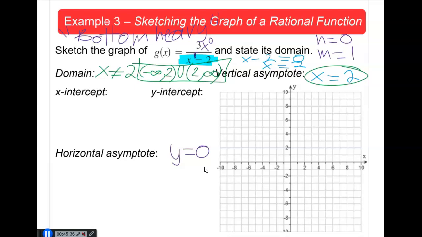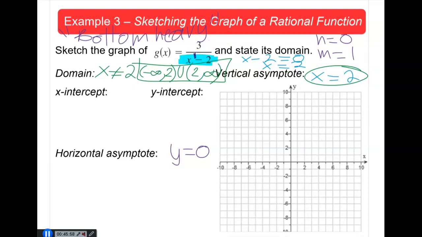So let's go ahead and find the x- and the y-intercept now. So for the x-intercept, if you look at your list, we only need the numerator. Set the numerator equal to 0. And I'm going to erase this x to the power 0.